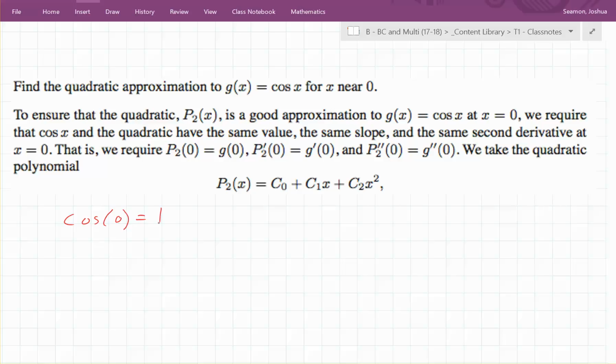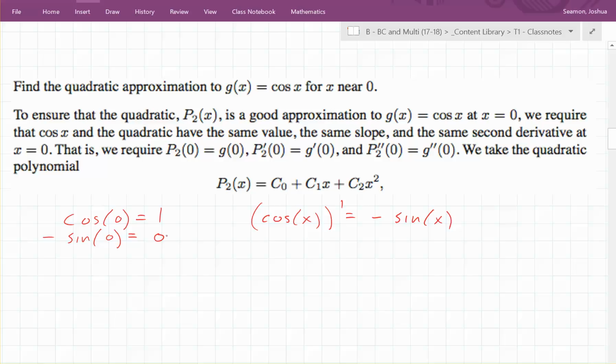Are we okay with that? What is the derivative of cosine? Negative sine of x. Do you agree that the derivative of cosine is negative sine? What's negative sine of 0? 0, we agree?